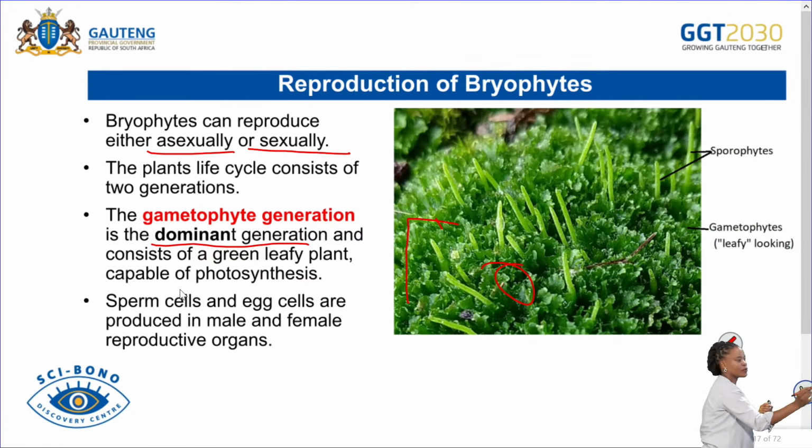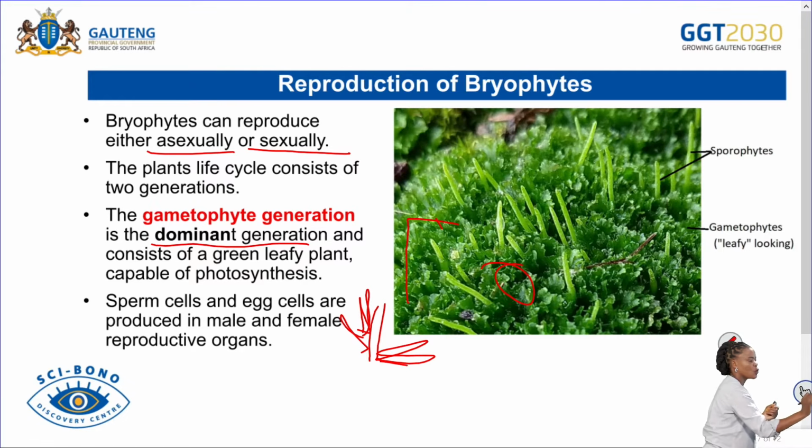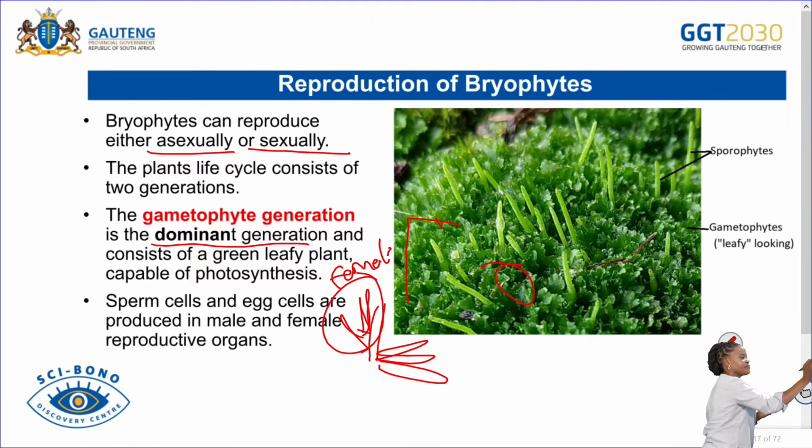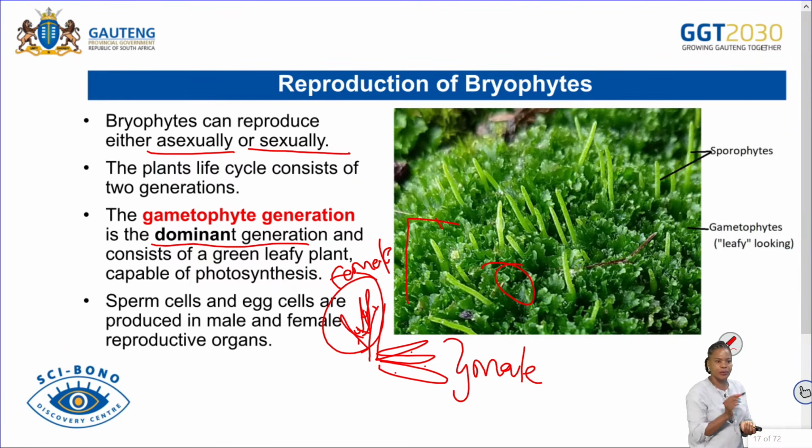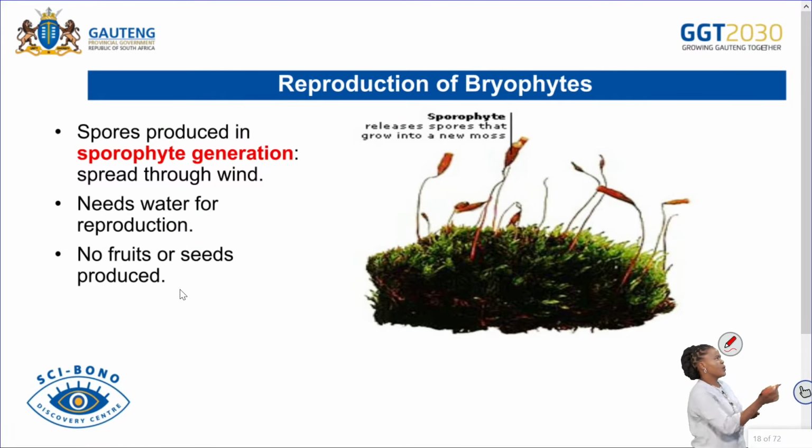I've just said that on the gametophyte plants, there are branches which are said to be the female branches. In other words, that's where the female gametes are produced. And then we'll have the male branches, and on the male branches, that's where the male reproductive organs are produced.